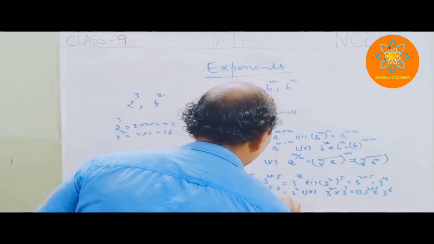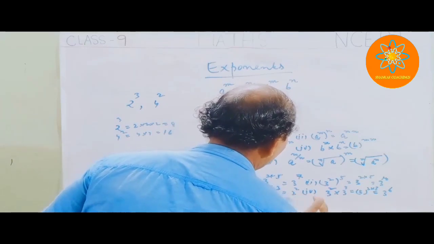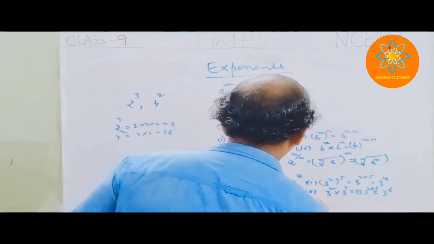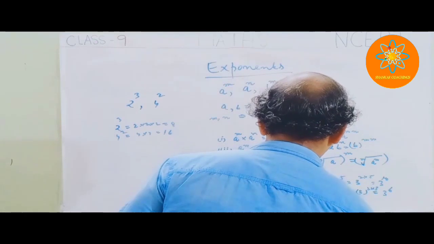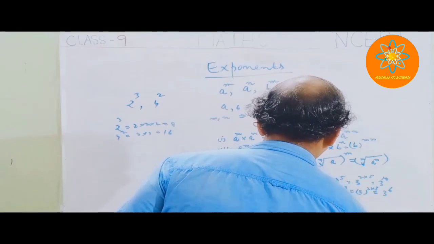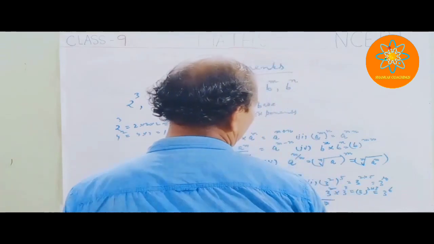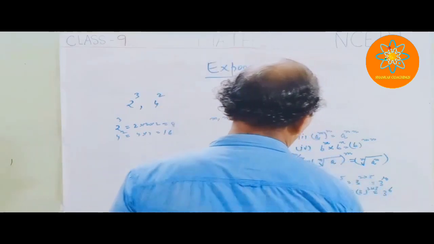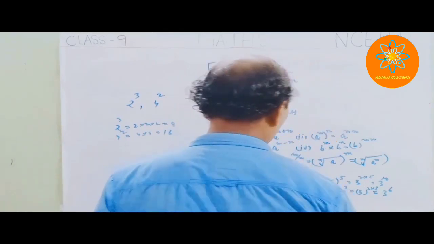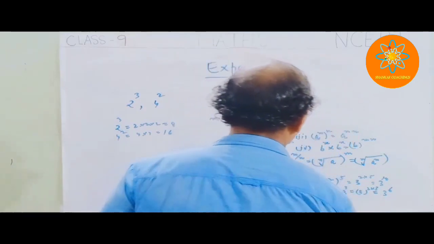And let's suppose the number given is 7 to the power 2 by 3. I can write it this way: the cube root of 7, whole to the power 2.